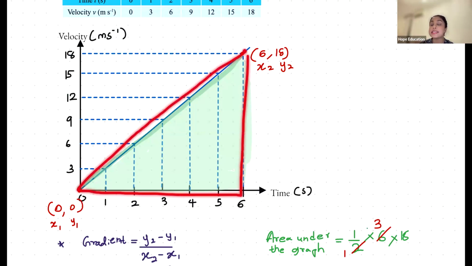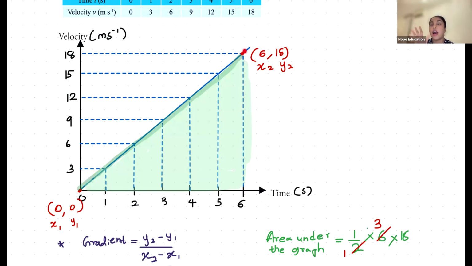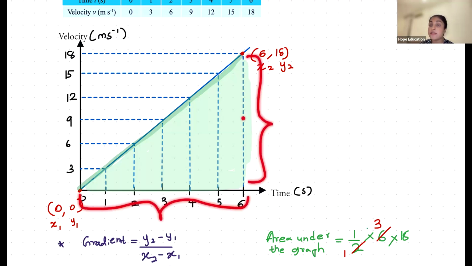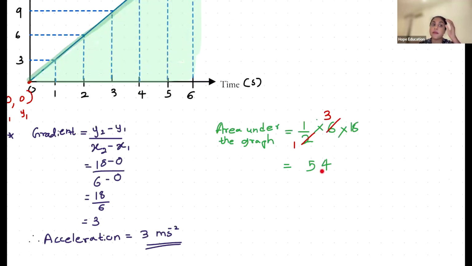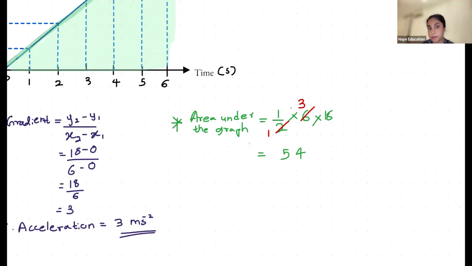Half into base into perpendicular height. Half into base that is 6, perpendicular height 18. So half into 6 into 18, when I simplify, I get 54. Okay, so that is the area under the graph. Remember, Lamai, in a velocity time graph, area under the graph gives displacement.